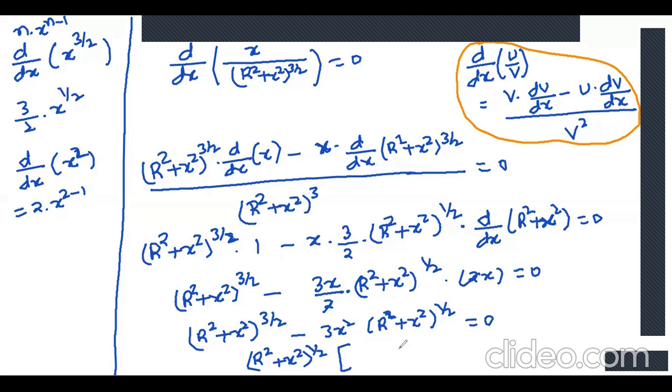Do one thing: bring this 3x square into (r square plus x square) whole power half to this side. (r square plus x square) whole power 3 by 2, I can write as (r square plus x square) into (r square plus x square) whole power half. Bases are same, you can add powers.